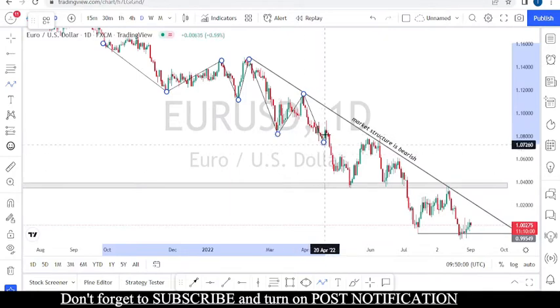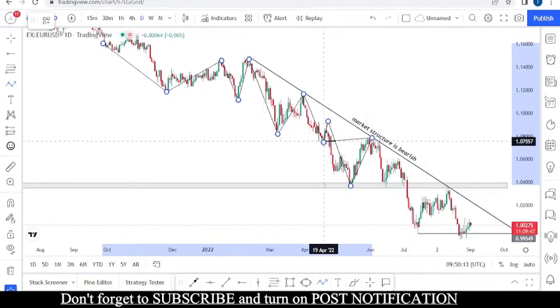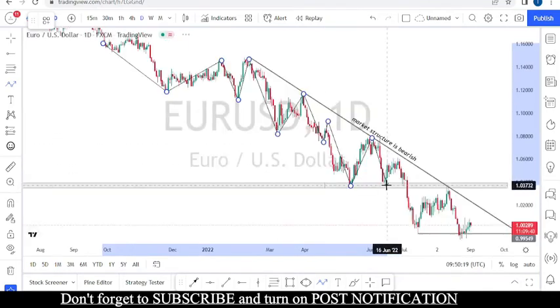Then price came back here, then shot all the way to the downside, breaking below these lows, right? Then it went back into this zone, which is this previous low, and price rejected it, but we failed to create a new lower low, right?